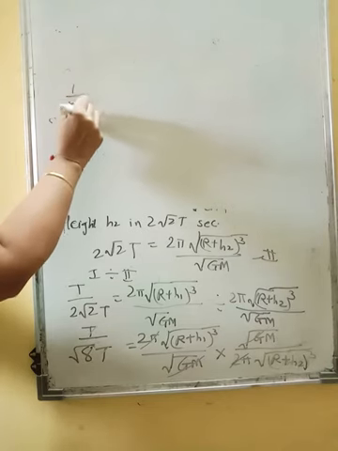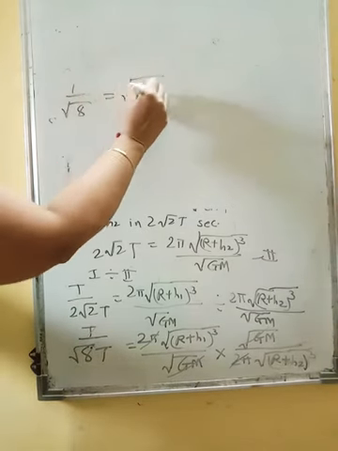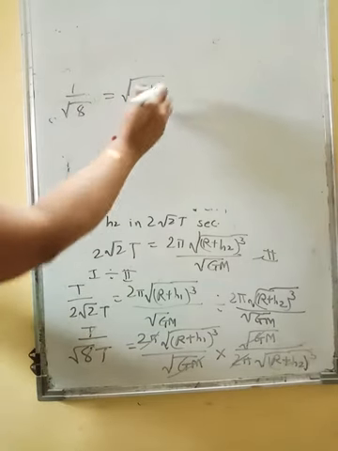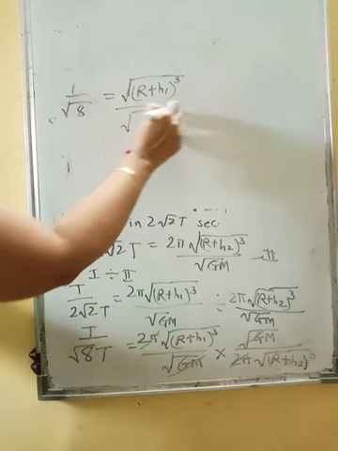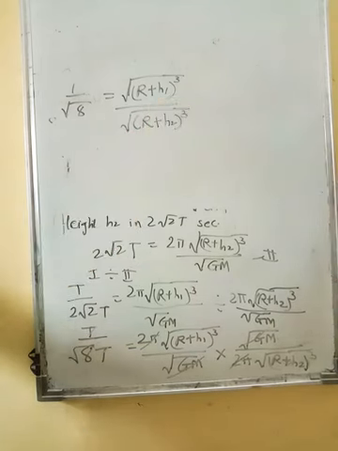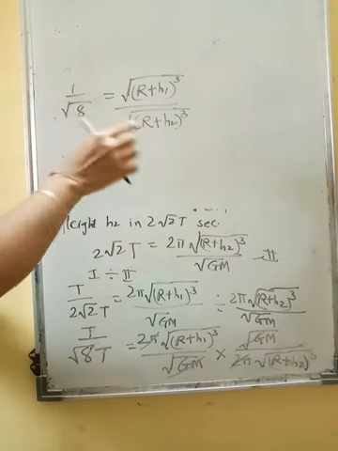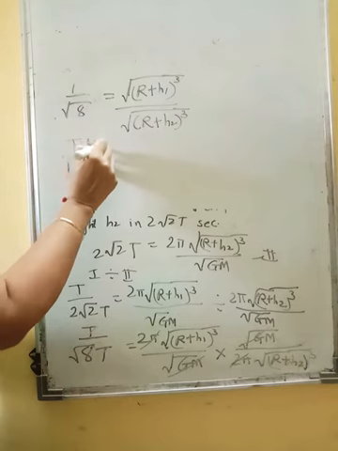So 1 upon root 8 is equal to square root of (r plus h1) the whole cube upon square root of (r plus h2) the whole cube. अब यहाँ पे सब जगह पे स्क्वायर रूट है, तो मैं टेकिंग स्क्वायर ऑन बोथ द साइड्स.